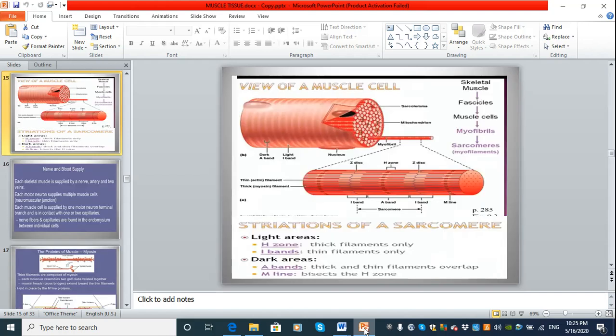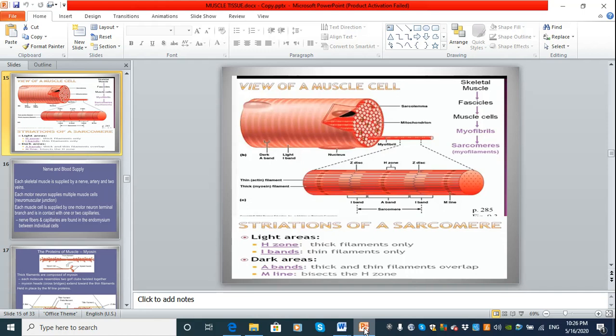All right, this is the slide I mentioned. If you see the sarcomere in diagram C, you will see it's only between two Z discs or Z lines, and it has two striations.